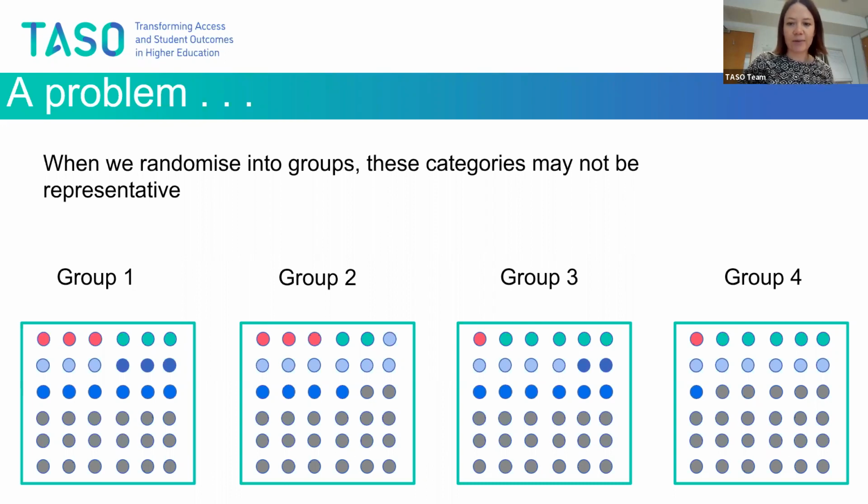So if we think that income is an important variable, and that it might impact the intervention that we're hoping to implement, we have a challenge here, because we need the groups to be representative of all the different income earners in order to ensure that the groups are on average the same.